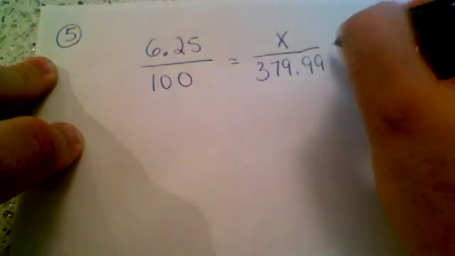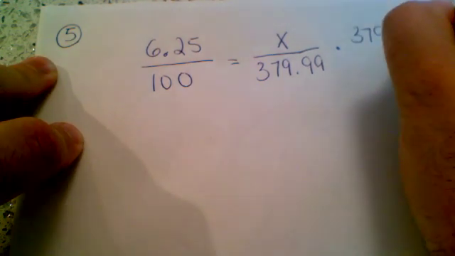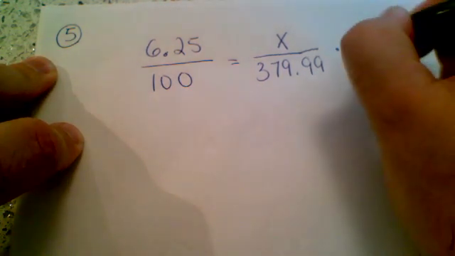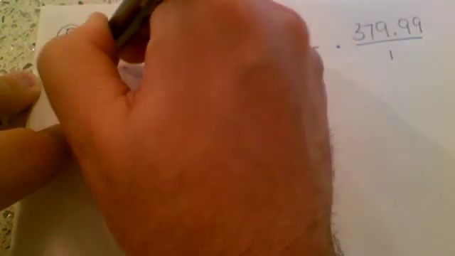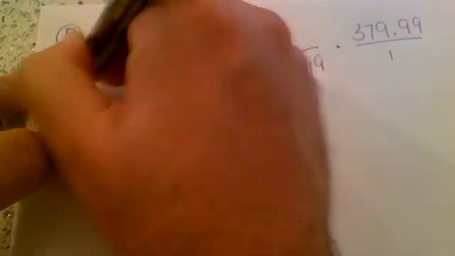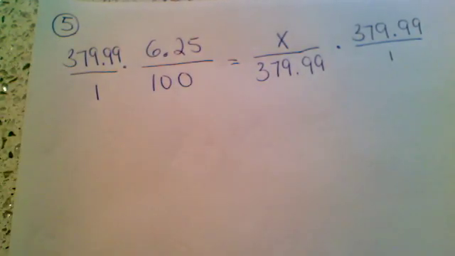So X is being divided by $379.99, so we're going to multiply by $379.99. And we're going to do that on both sides.